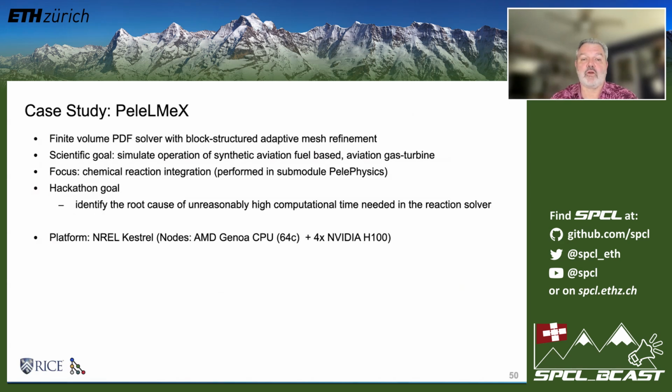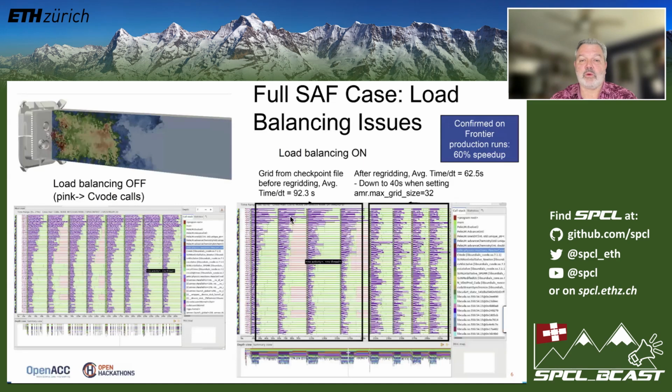And so what they found was that, in fact, there was a significant load imbalance across the GPUs. And so after some consultation with the AMReX team, they identified that they could turn on regridding. And after regridding, in fact, the load is much more balanced across the GPUs.